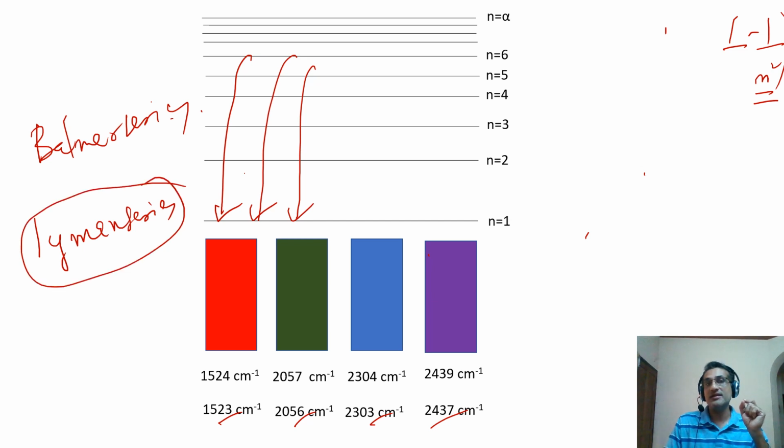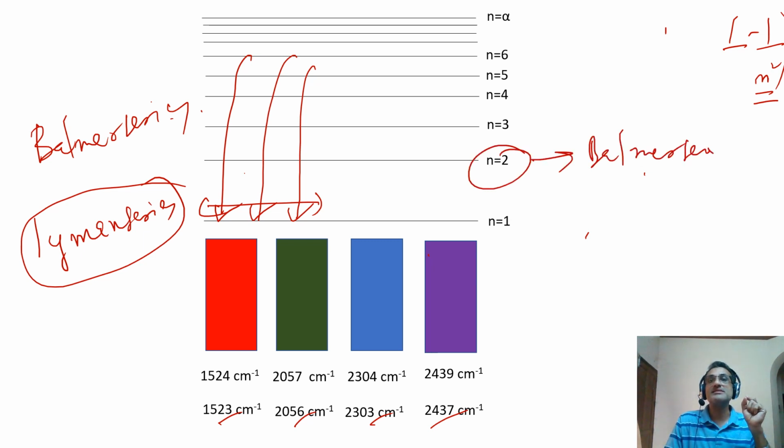Lyman identified it. So this series of electromagnetic radiation, you call the Lyman series. N equal to 2, we have already seen, is the Balmer series. Likewise, all the electromagnetic radiations emitted by electrons when they fall from an excited state to the principal quantum number value equal to 3, you call the Paschen series.